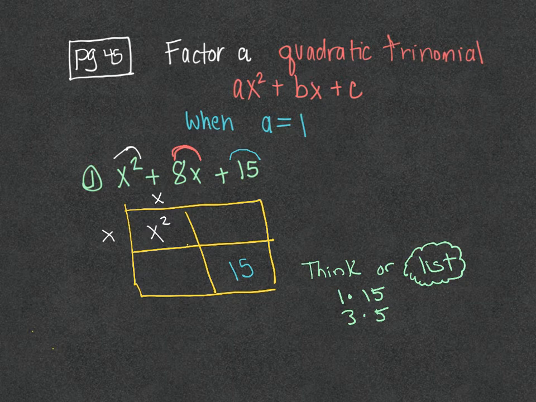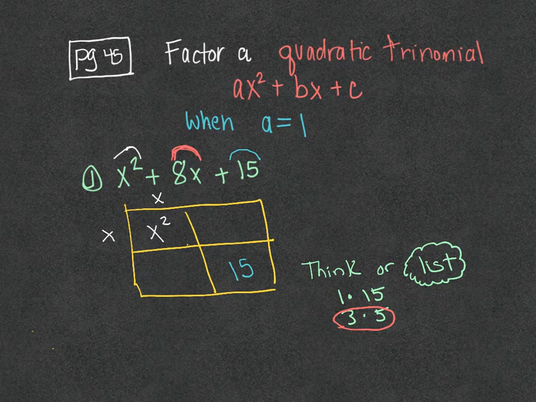So if I look at my factors here, I have 1 and 15. Well, 1 plus 15 will give me 16, and I need 8. But if I look at the factors 3 and 5, if I add those together, that gives me an 8.